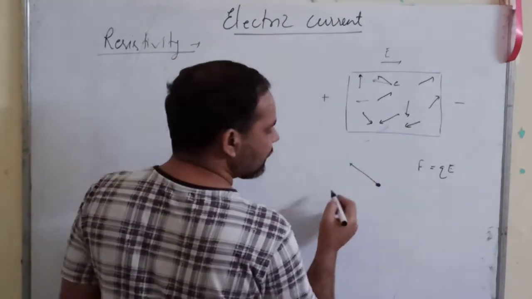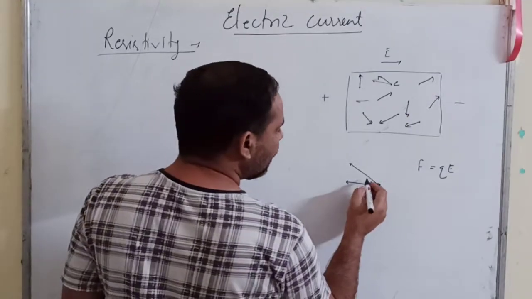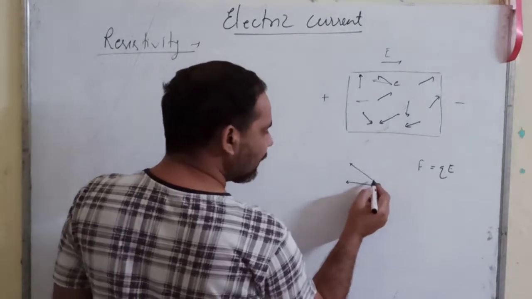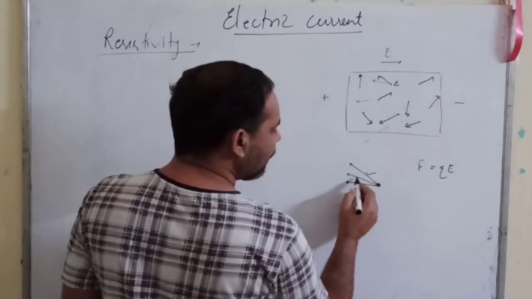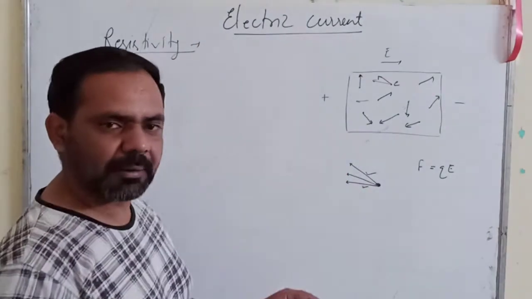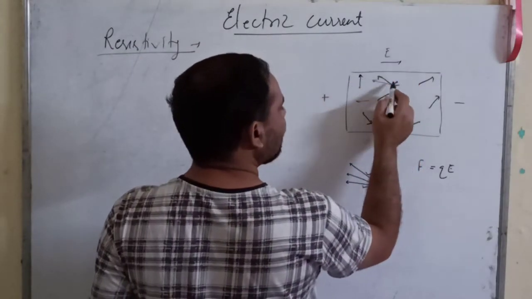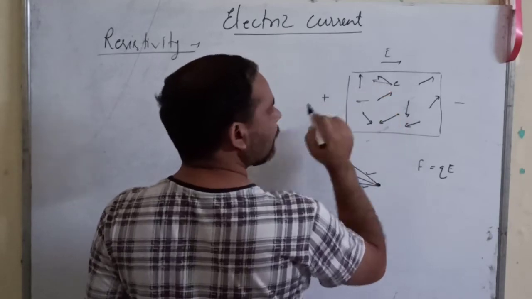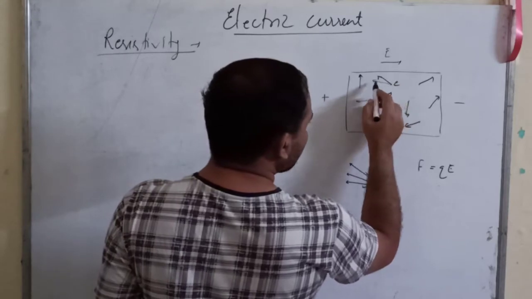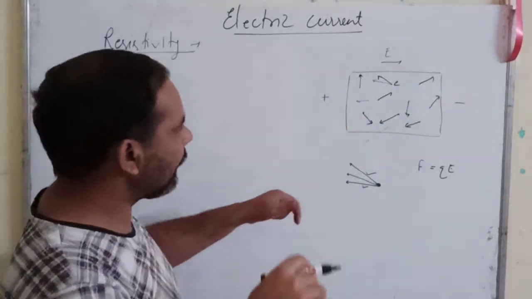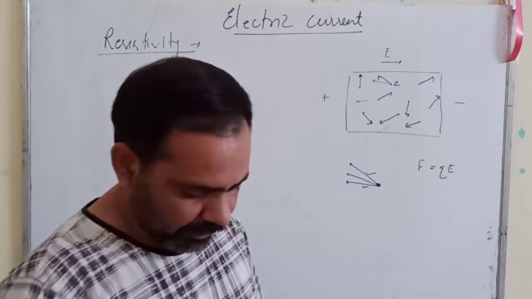It was about to move in this direction, but due to the force it experiences a force in this direction. So the electron will move along the resultant of the two velocities. It will not reach the earlier point, but this point. So how much has the electron traveled towards the positive terminal? I want to give you a proper example. Let me draw it.